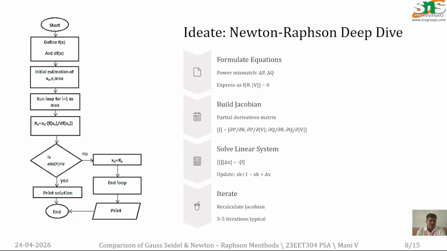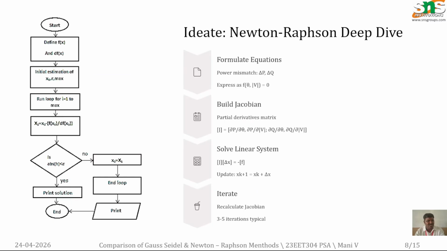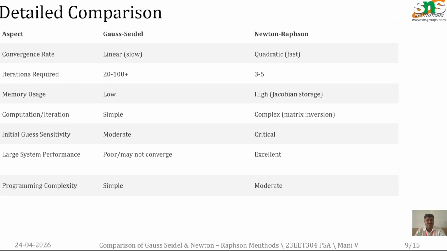We determine the x1 parameter and check whether it is within the tolerance level or not. If convergence is done, we print the solution and end the process. Otherwise, we go through the entire loop until convergence is matched.